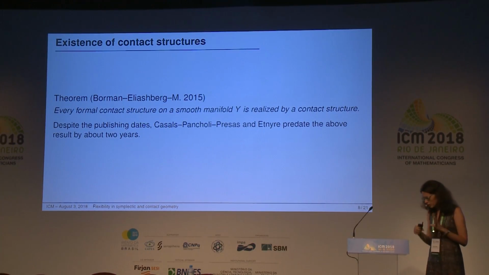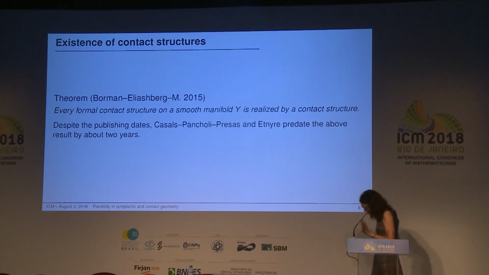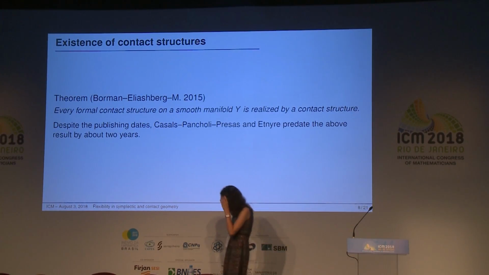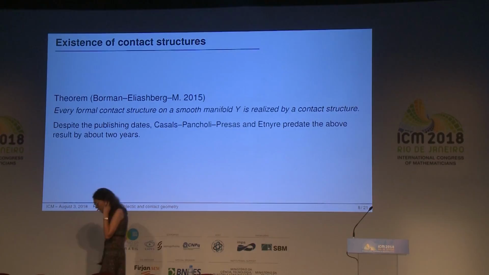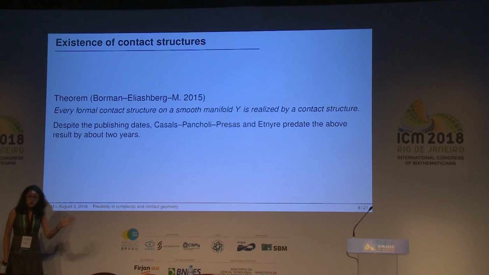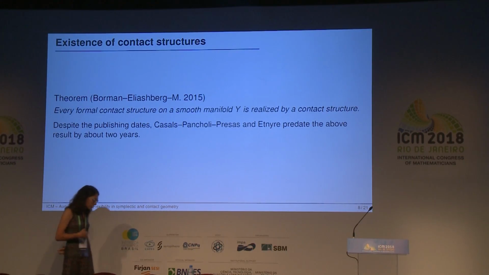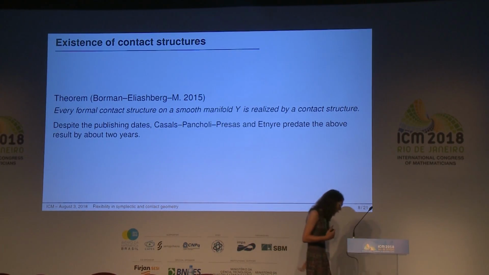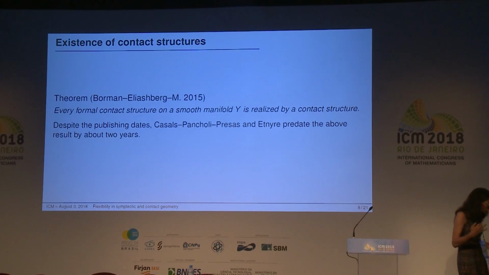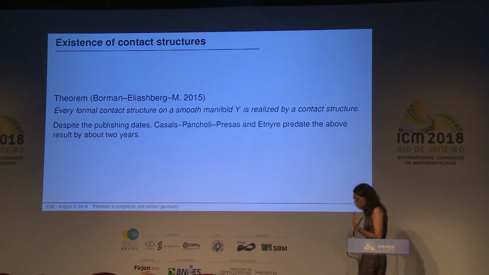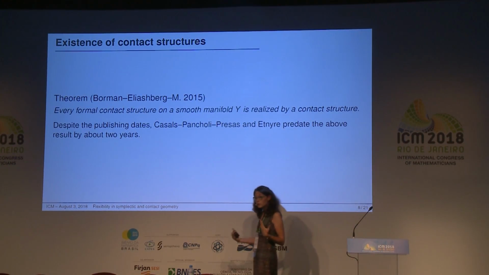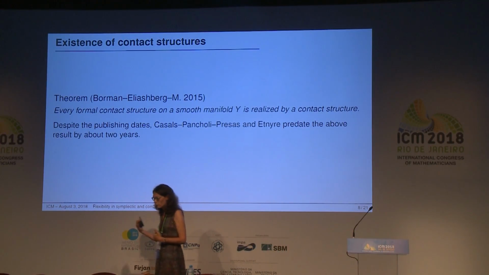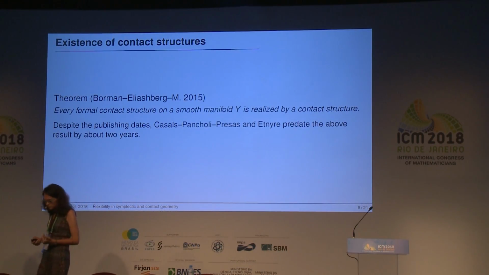The proofs are also substantially different, even in the five-dimensional case. In the five-dimensional case, both the Casals-Pancioli-Presas proof and the Etnyre proof rely on finding some sort of fibration for the five-manifold, and then using classification results for three-manifolds in order to complete the construction.